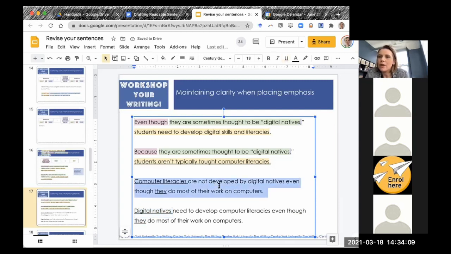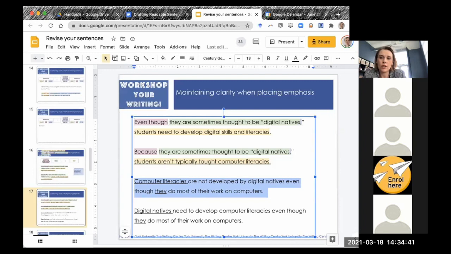So my answer, Anastasia, is in some cases, if you want to use a simple sentence, it's not ungrammatical to say computer literacies are not developed by digital natives. So if you want to have a straightforward, simple sentence that is connecting two ideas, maybe you were just talking about computer literacies and you're writing towards digital natives, you can use that passive construction to bridge that transition. Totally fine.